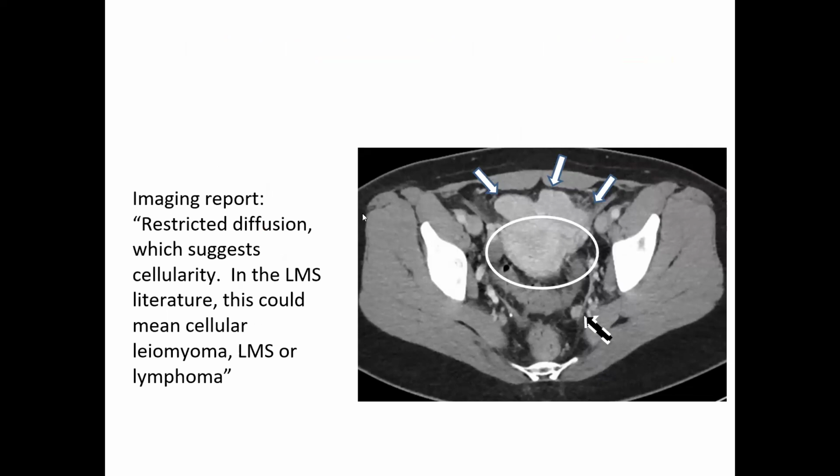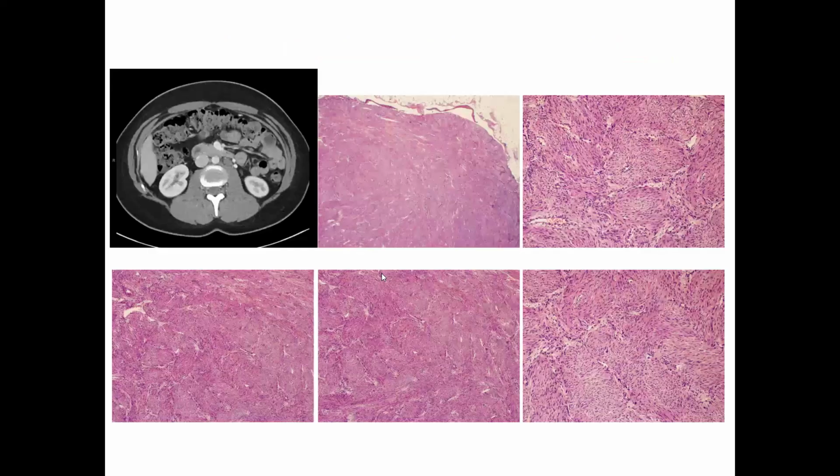Again, the good news is that our radiologists here actually are very good at picking that up, and they tell you, I see these nodules, and they look more like disseminated peritoneal leiomyomatosis. Look at the nodules, and the nodules are well circumscribed, as I said. But you see how, yes, we have the thick-walled blood vessels, but somehow the fascicles are shorter. Do you see that, or am I imagining?